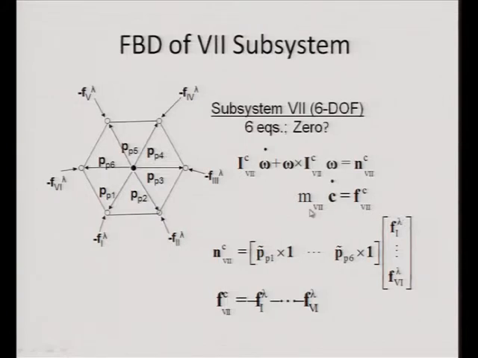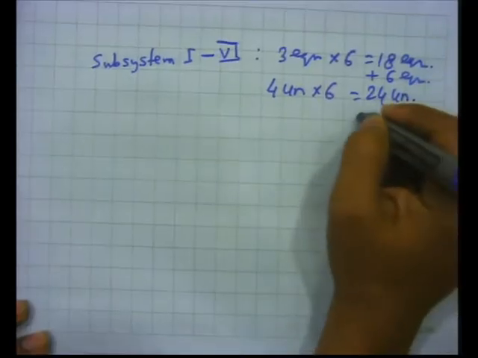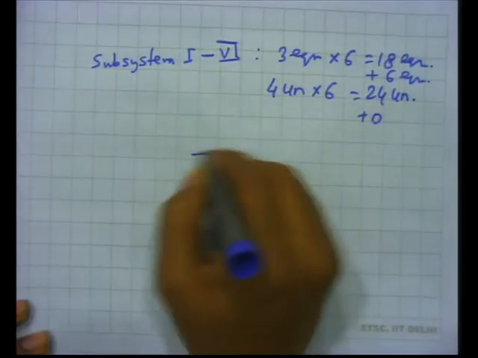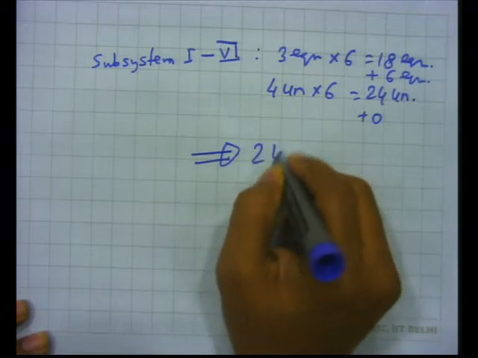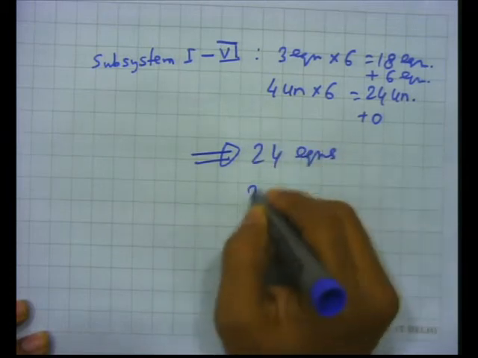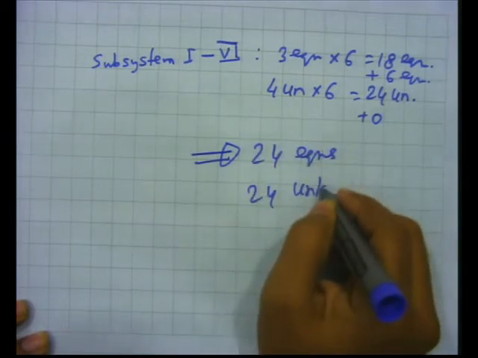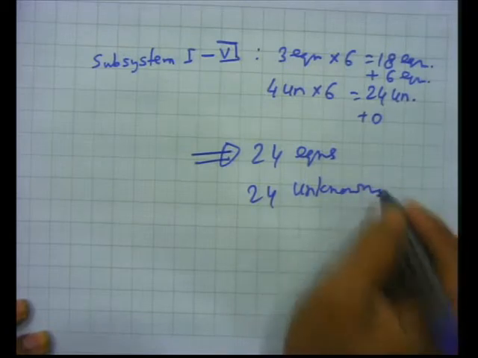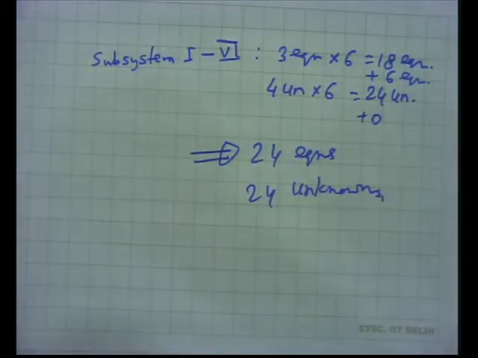So, I have added 6 equations, but no unknown. So, we have total 24 equations and 24 unknowns. So, instead of 78 equations, I can now work with 24 equations.